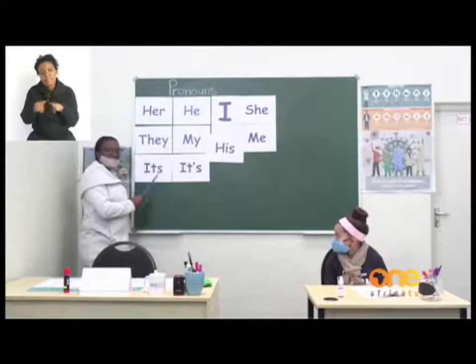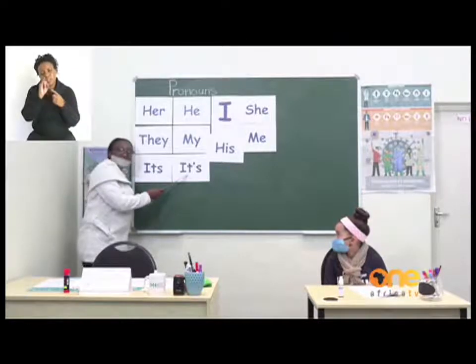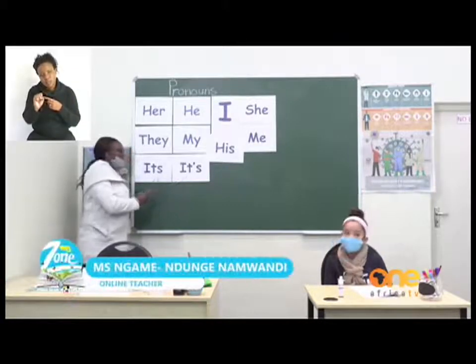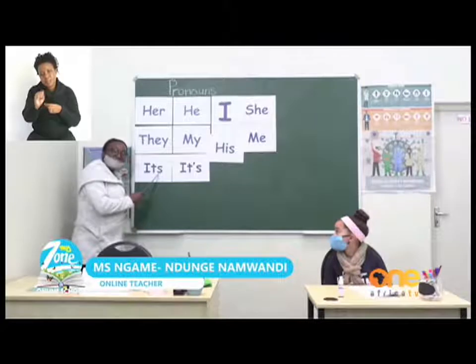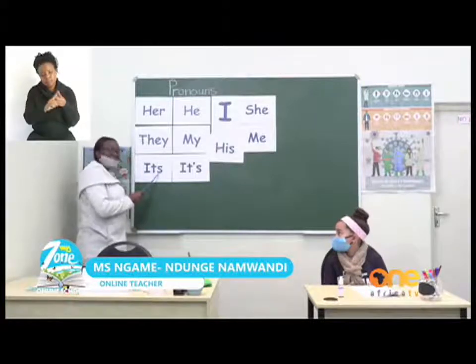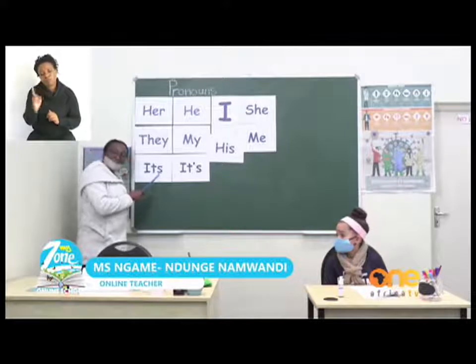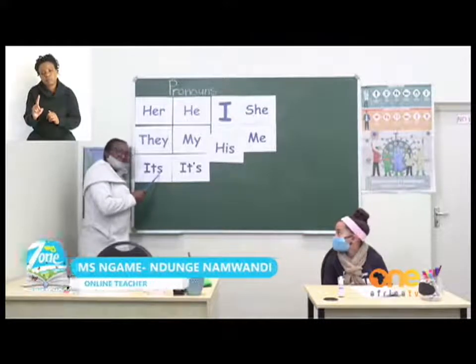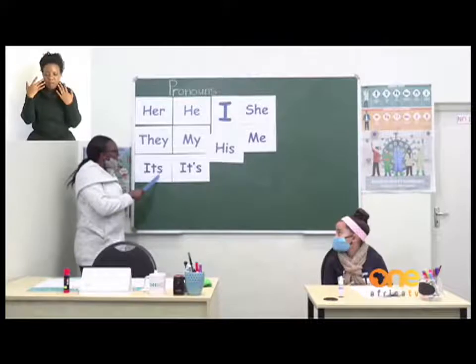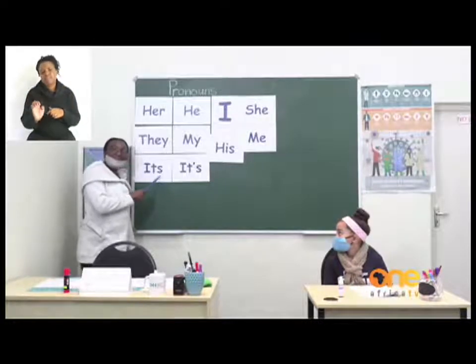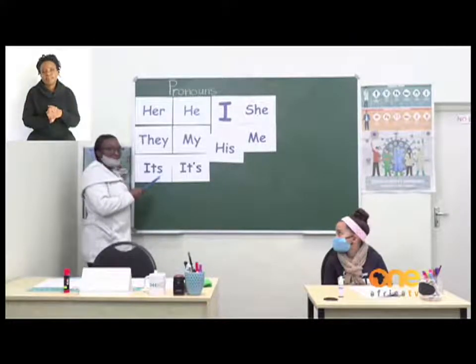Its without an apostrophe and it's with an apostrophe. Its without an apostrophe shows possession. What does that mean? It means that something belongs to a thing. For example, the cat is licking its tail, okay?